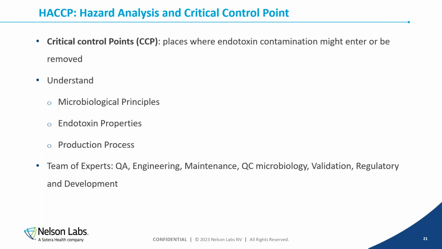You have to understand the endotoxin properties, and of course, you have to understand your production process. Since this requires so much expertise, you need your team of experts: QA, engineering, maintenance, QC, microbiology, validation, regulatory, and development. So this is not a one-man job.